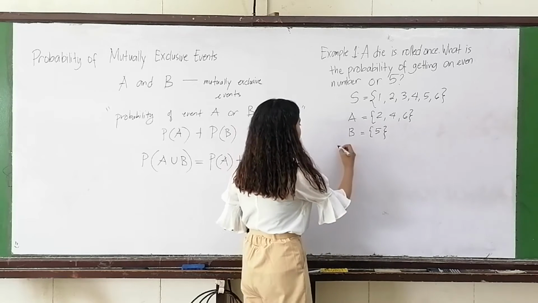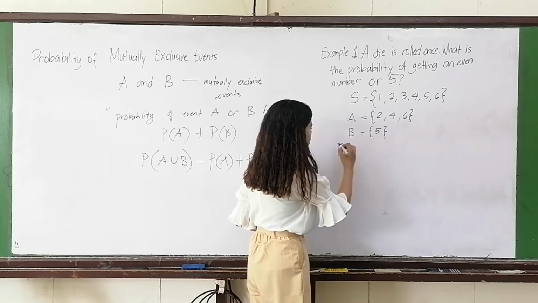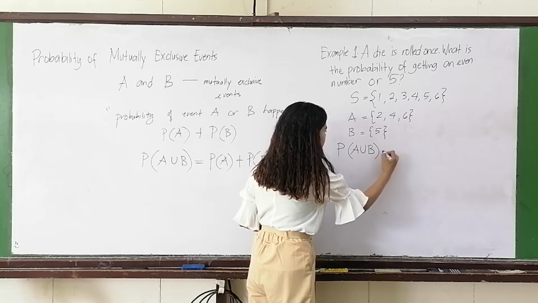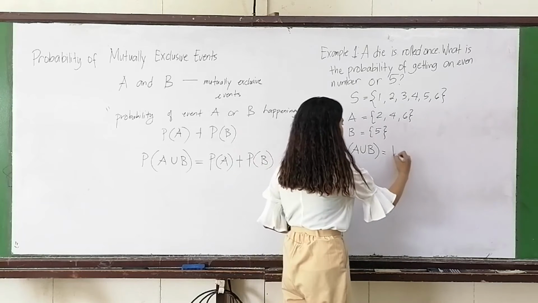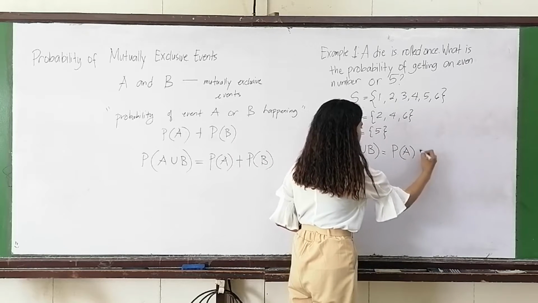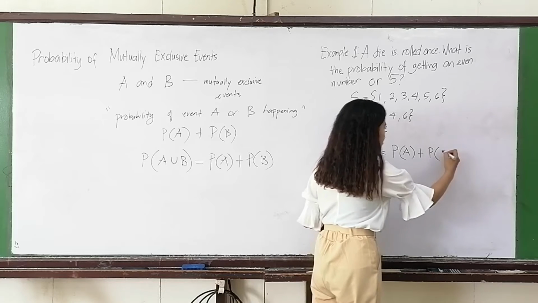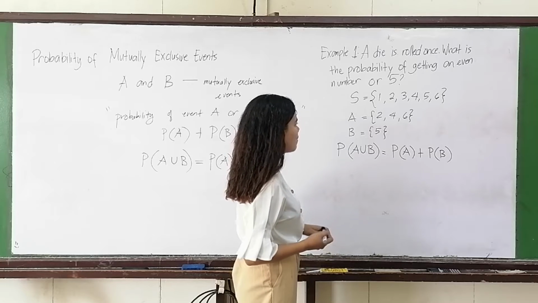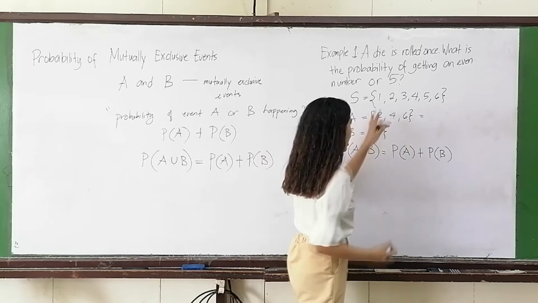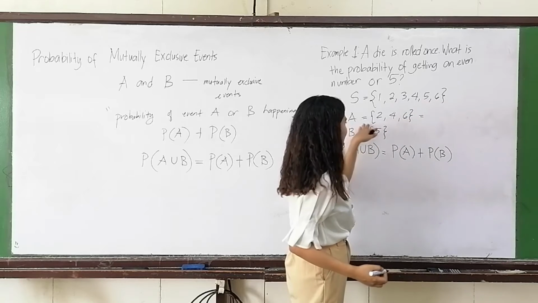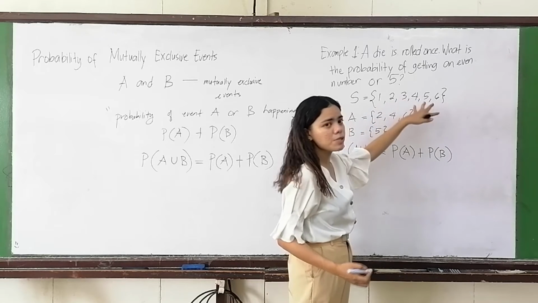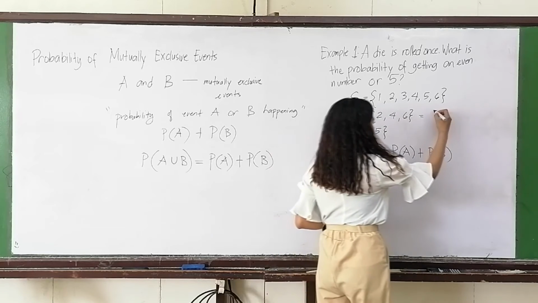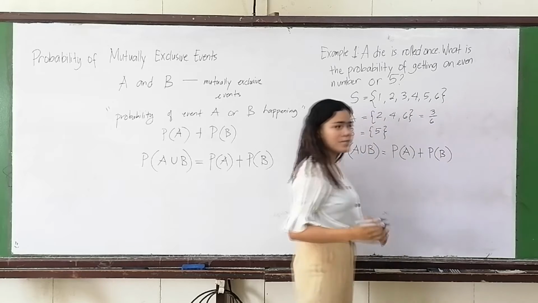Hence, to find the probability of this one, we have P of A union B equal to the probability of A plus the probability of B. Now, the probability of A is, out of 6 outcomes, we have 3 outcomes for event A. So therefore, the probability will be 3 over 6.